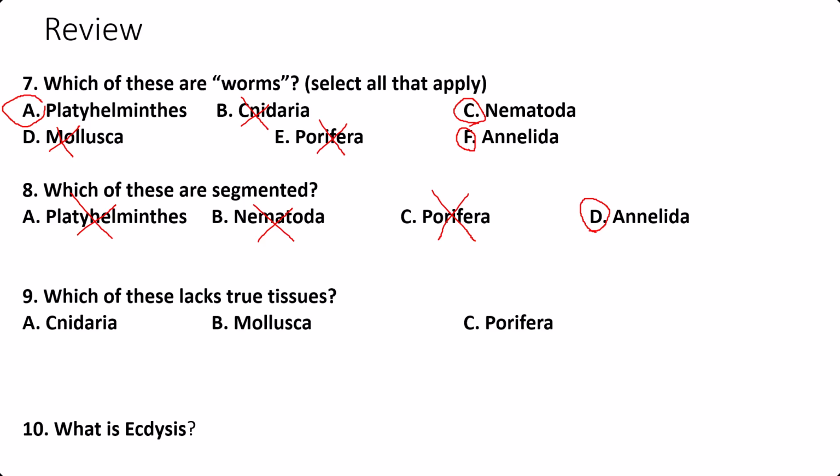Cnidaria, jellyfish, has true tissue. Mollusk is slug, snail, squid, etc. That has true tissues, but the sponge does not have true tissues. And then number 10, ecdysis is the fancy word for molting.